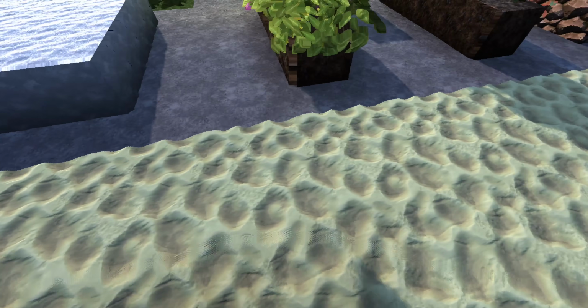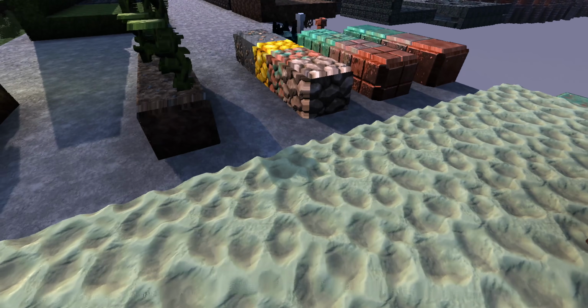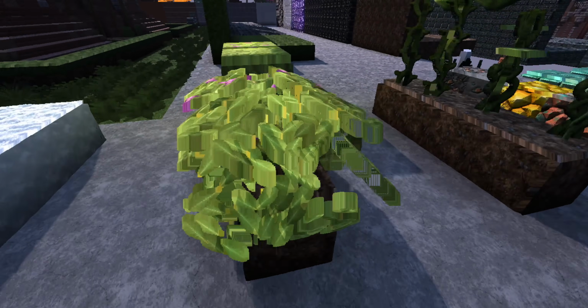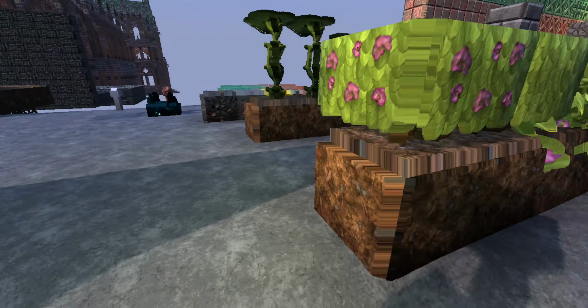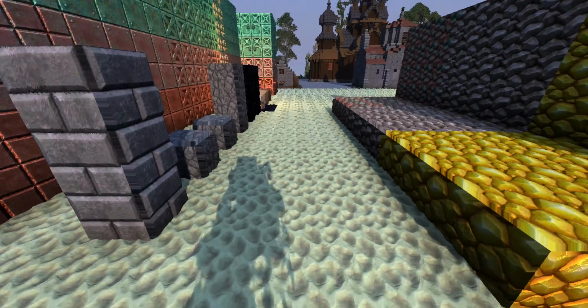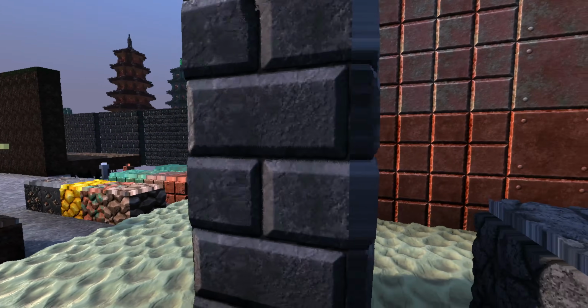So what I'm doing here is a screen space displacement, where it is extruding faces outwards. This could be done cleaner if I wanted to spend more time on it.